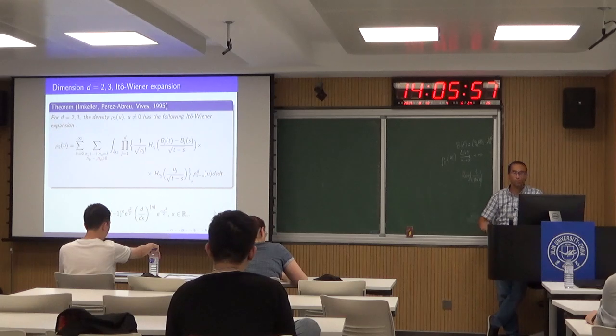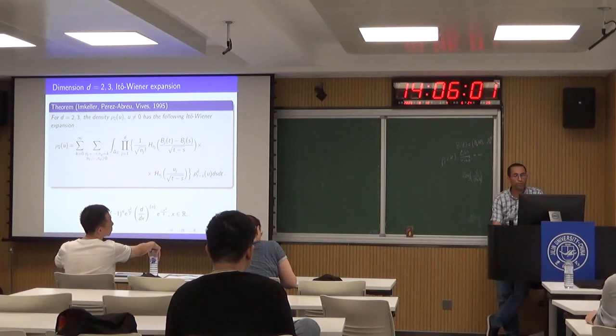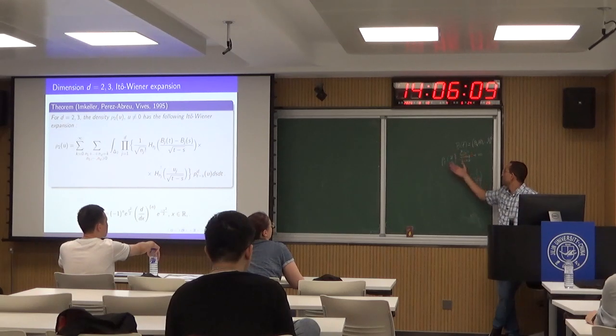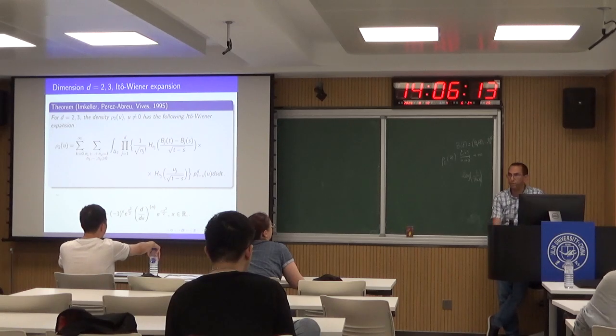So we want to understand this from the terms of the Itô-Wiener expansion. We have another representation for the self-intersection local time, and we want to understand this just from these integrals.